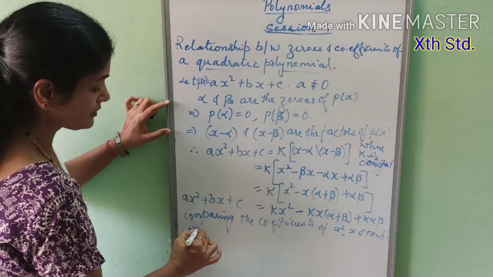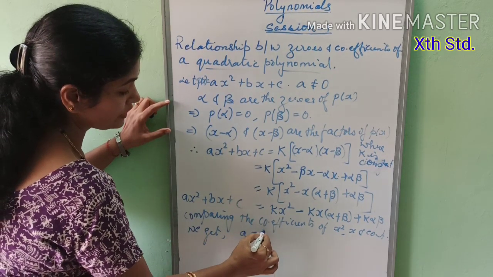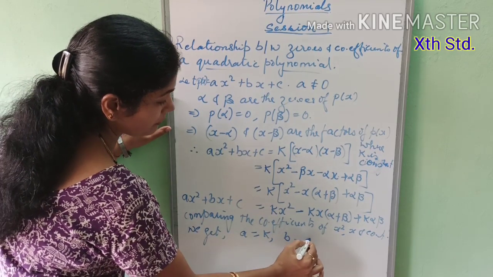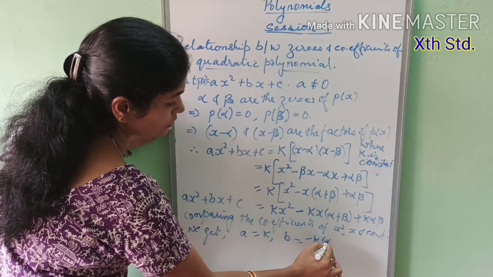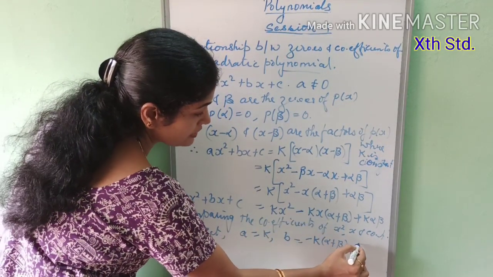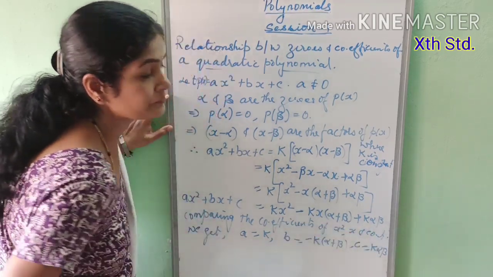We get a is equal to k, then b is equal to minus k into alpha plus beta, correct? Then c is equal to k alpha beta, right?